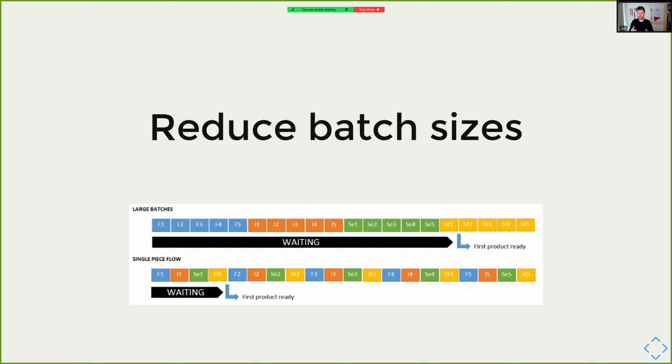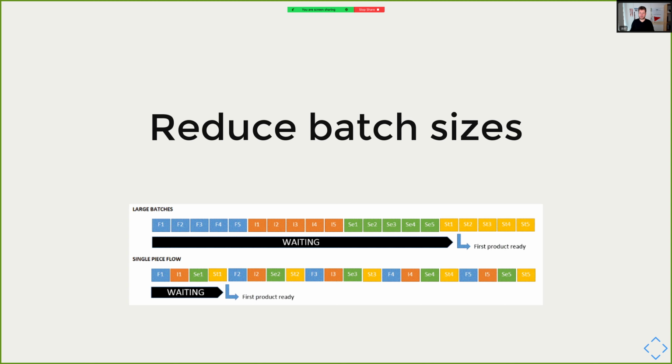But let's say during the sealing phase, phase 3, we discover that we made an error during the first phase, the folding phase. We would first discover this after 200 seconds, and we have to refold and reinsert all papers in the batch again. So we spend a lot of time on work that we need to redo, and it takes a long time for us to realize that.